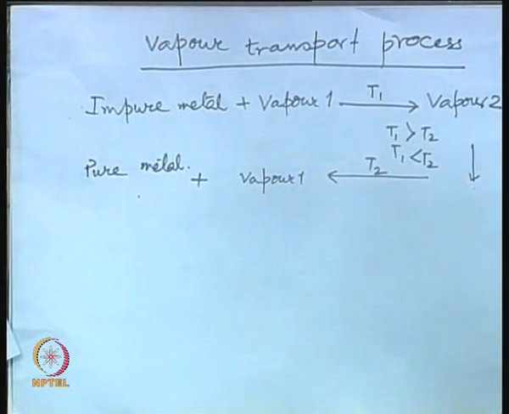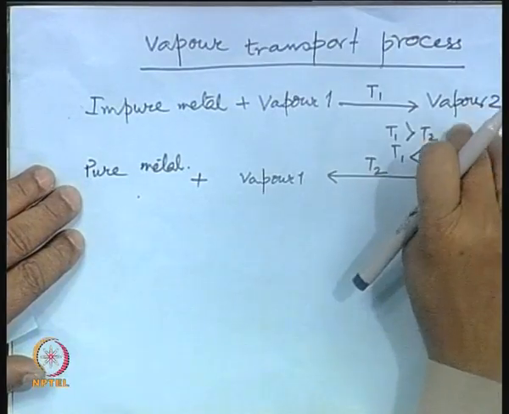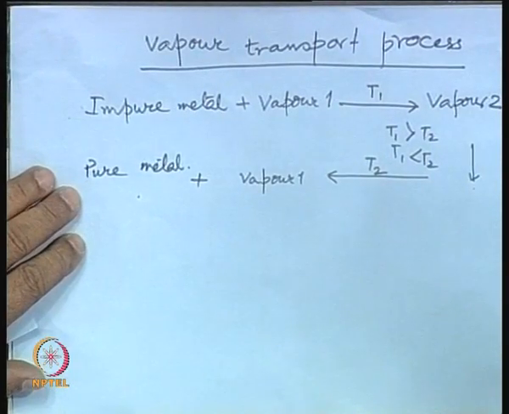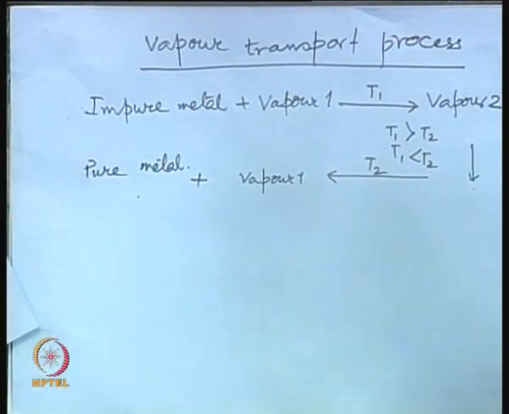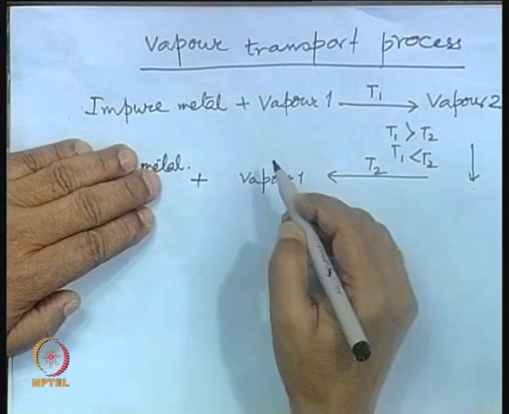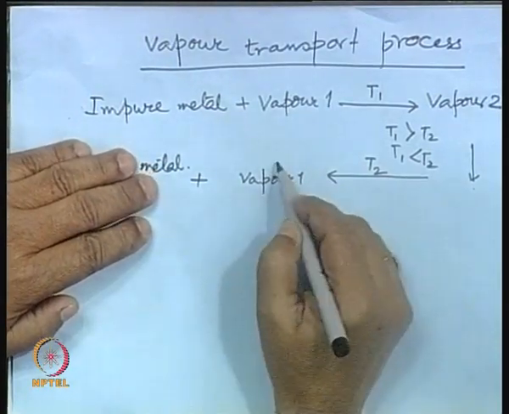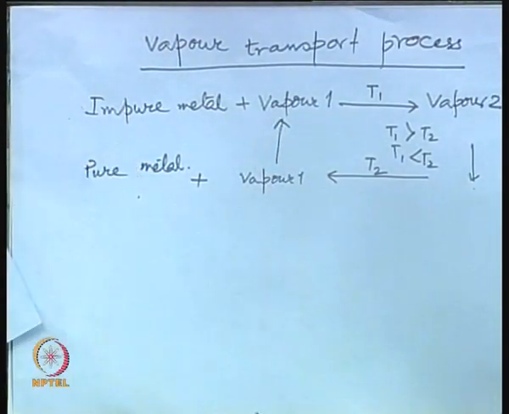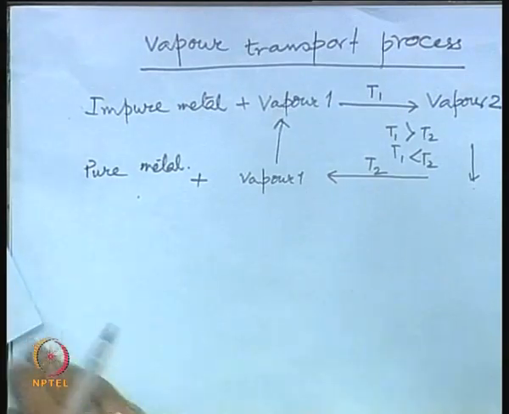Obviously, this cannot be done in the same chamber. Once you have produced the vapor 2, you take it out into another chamber and then you decompose it to get the pure metal, and this vapor of course will be recirculated. In the system, there is no consumption of the reactant which is taking the metal into the gas phase.